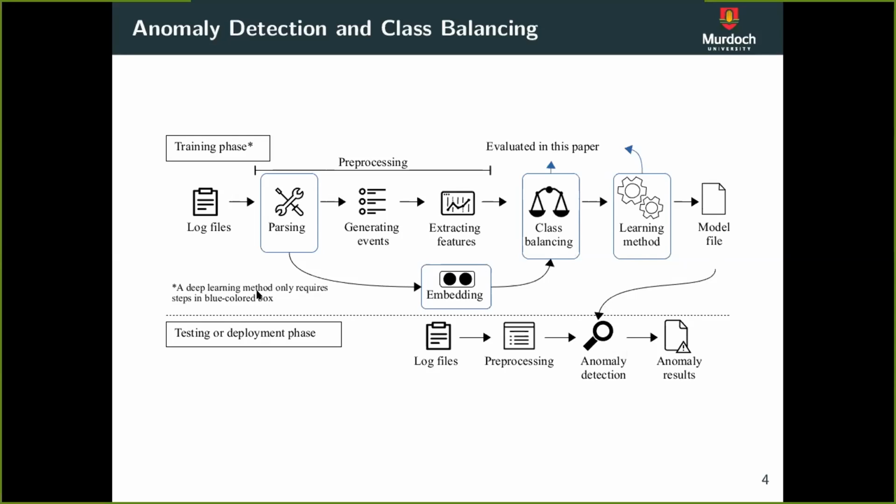For deep learning, which is a recent learning technique, we only use the steps in the blue box: parsing, word embedding, and then this one and this one. In testing, we need to pre-process the log files and then detect anomalies based on the results from the training. And then we will get the anomaly detection results.